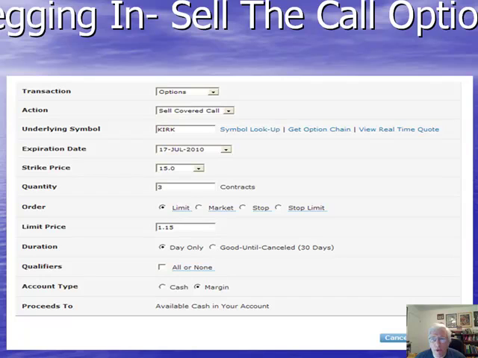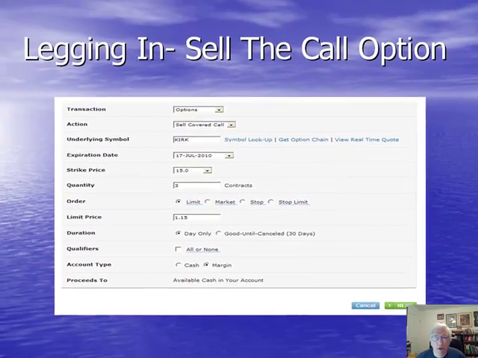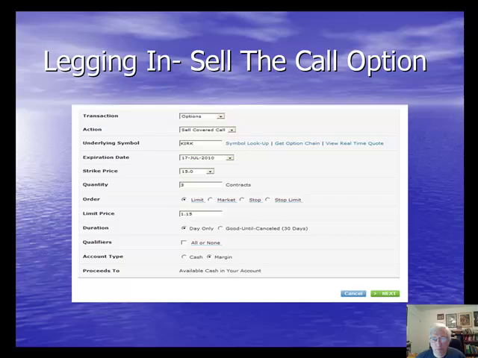Again, oftentimes we can negotiate a better price than the bid from the option chain. In this case, I put in $1.15, and the duration is a day only. Now I want you to take special note that under qualifiers it says all or none, and that box is not checked. It's very important not to check that box if you're going to try to negotiate a better price in the bid-ask spread.